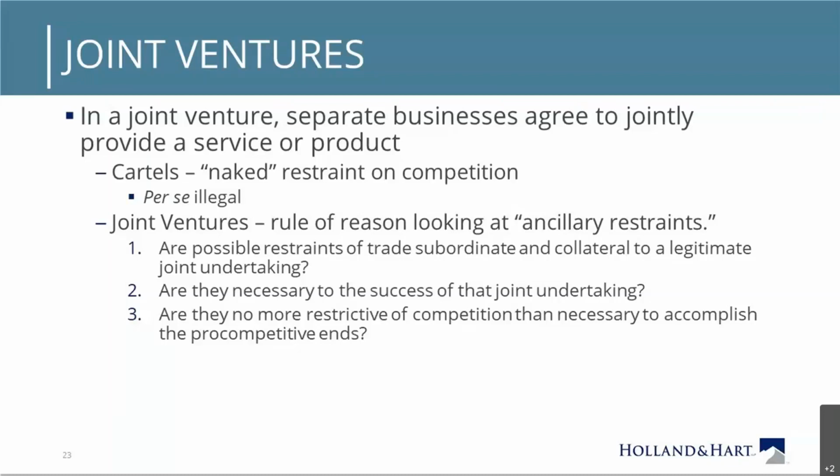Are the possible restraints of trade subordinate and collateral to a legitimate joint undertaking? You're not just getting together to stop competing with each other. You have a legitimate undertaking that you can't do, and this is next, on your own. Are they necessary to the success of the joint undertaking?